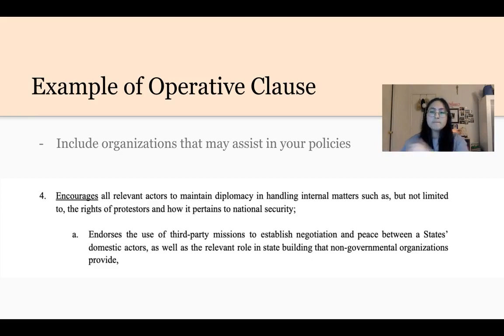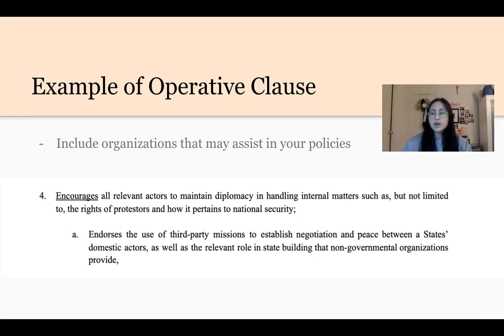And then just a couple of notes here with operative clauses. You want to keep in mind that Model United Nations, or the United Nations in general, is all about collaboration and debate. So with your working group, you want to make sure that you don't have any contradicting ideas.